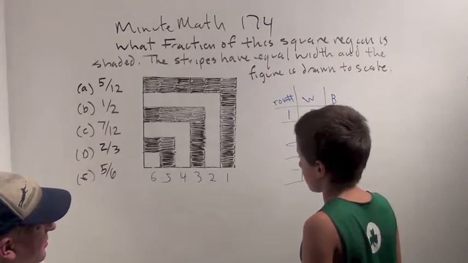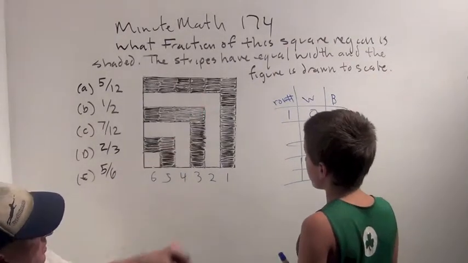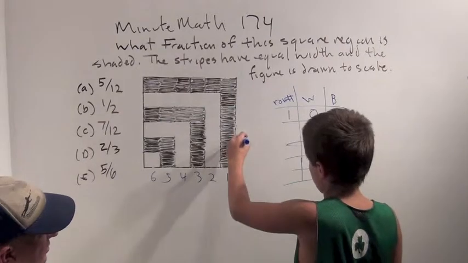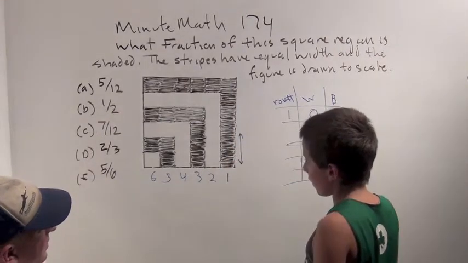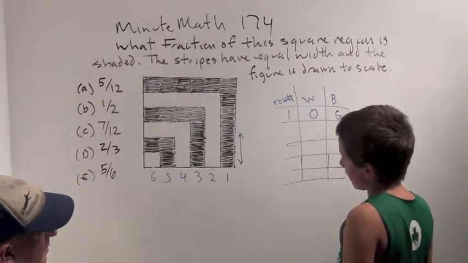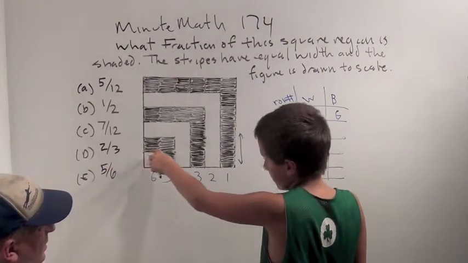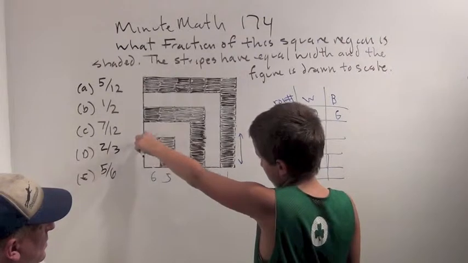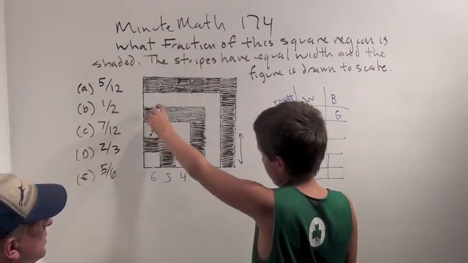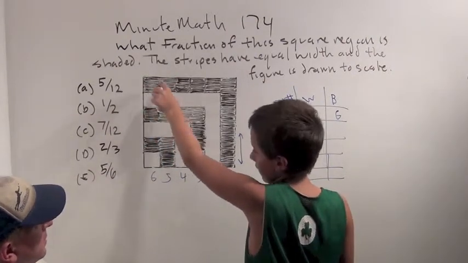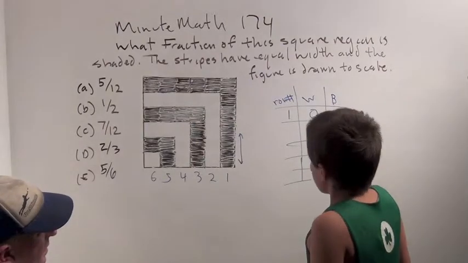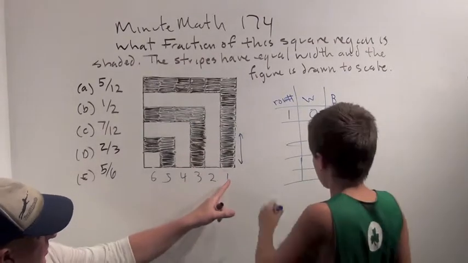Okay, how did you, all the way up to the top, how did you count 6 up there? Well, since you can count, this is 1 unit. Then there's another 1, 2, 3, 4, 5, and 6. Oh, okay, awesome. So 6 blacks in this row, okay?